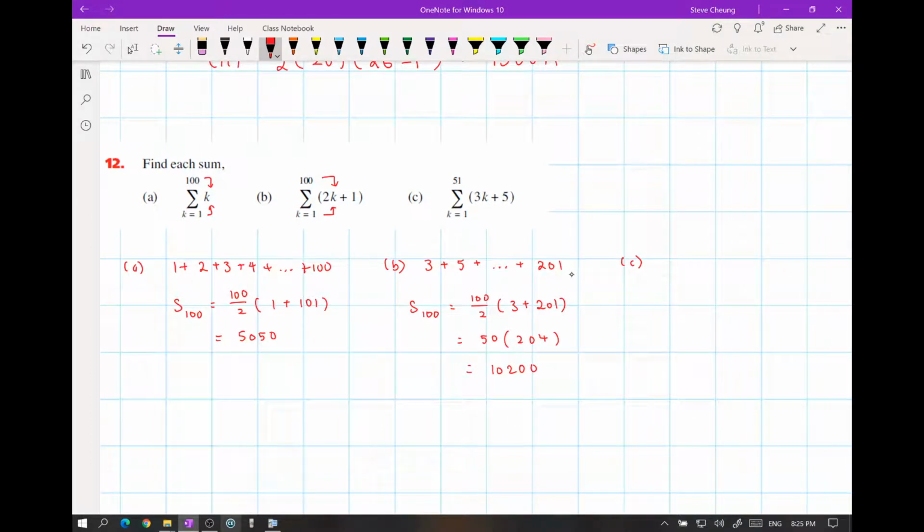And then for C, k equals 1, so 3 times 1 plus 5 is 8. 3 times 2 plus 5 is 11. Plus dot dot dot. And then we replace this with 51. 3 times 51 is 153, plus another 5 is 158. Now this time we only have 51 terms. From 1 to 51, there are 51 numbers. So n over 2 times 8 plus 158.